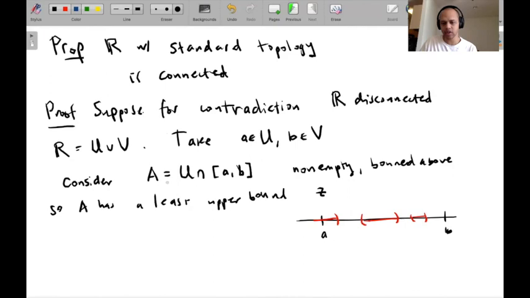Inside of this interval, there's some least upper bound for the set A. So in this picture, the least upper bound is like this point.